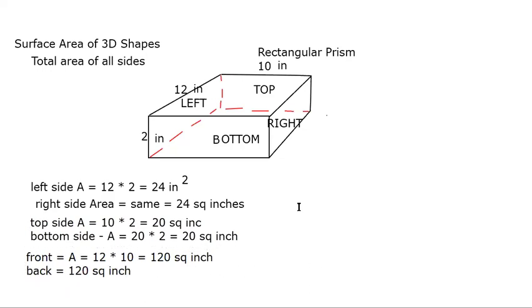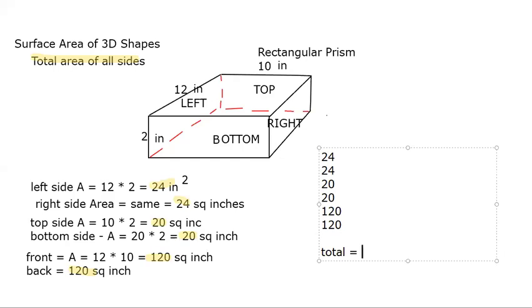For your total surface area, you're going to total up all of the sides. Total area of all the sides. So it's the left plus the right plus the top plus the bottom plus the front plus the back. Add all those numbers up and you have the surface area of a rectangular prism. So 24 plus 24 plus 20 plus 20 plus 120 plus 120. The total of all those is your surface area.